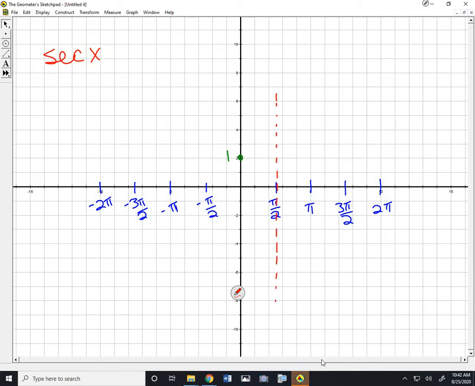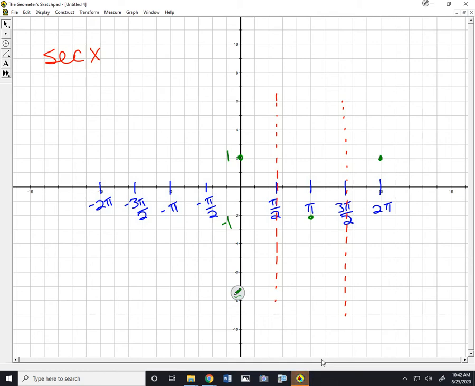You can go ahead and look at your table. We're also going to have a vertical asymptote at 3 pi over 2. And cosine of pi is -1, and 1 over -1 is -1. So we've got that value. And at 2 pi, we're back where we started again at 1.